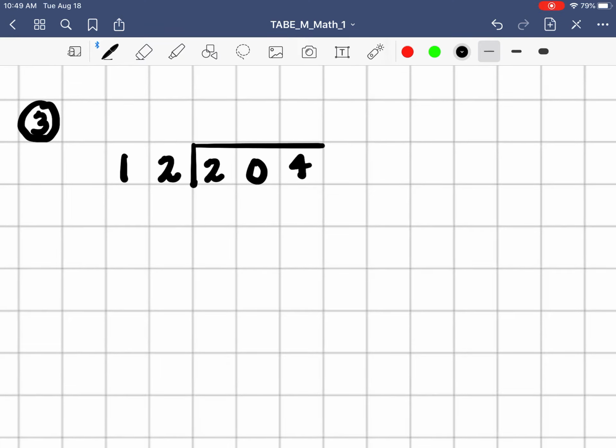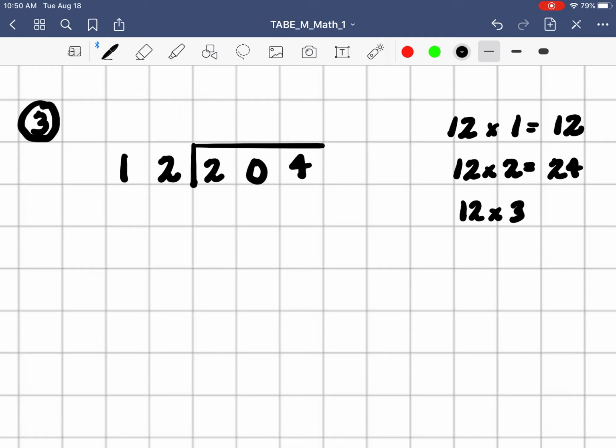So to do this one, we are looking at the multiples of 12. 12 times 1, of course, is 12. 12 times 2 is 24. Let me just go a couple more. 12 threes are 36, and 12 fours are 48. This could go on all day, but let's see what we've got here.